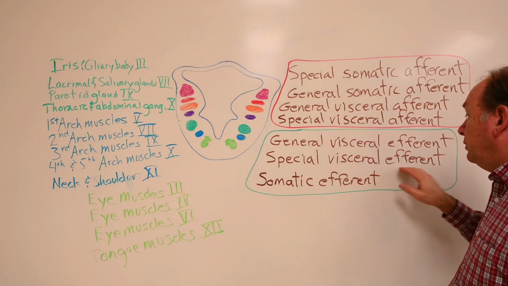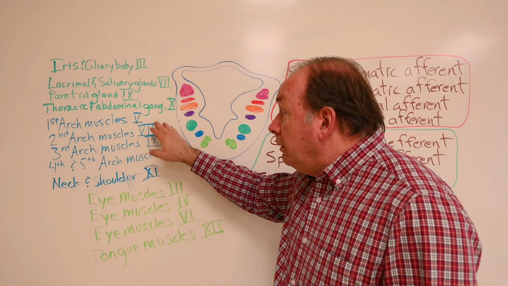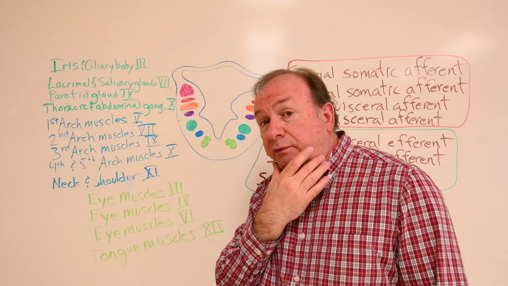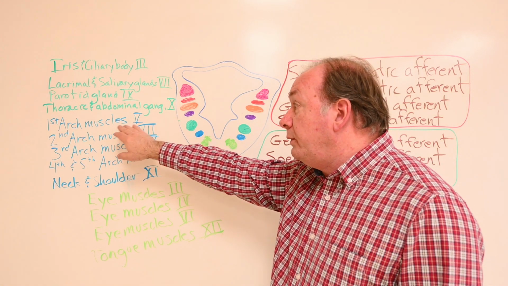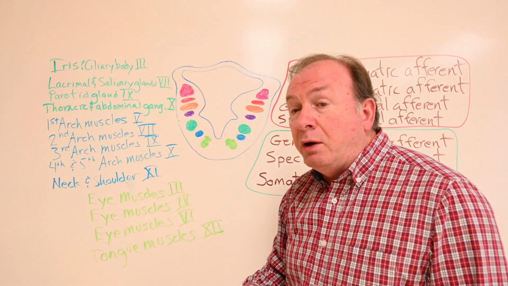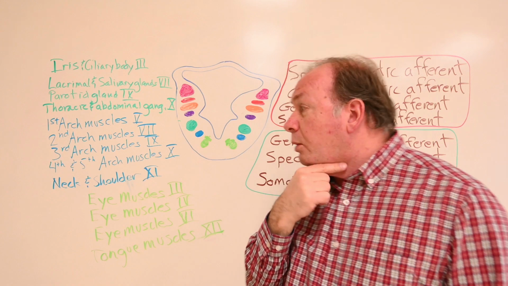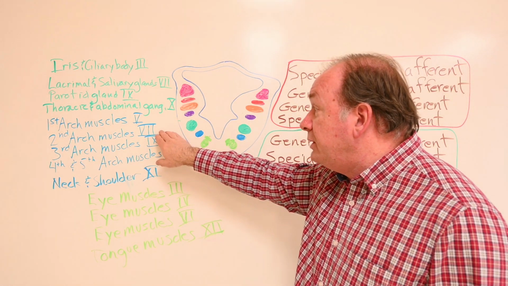Next, special visceral efferent. Most of these are muscles associated with the mouth and pharynx. The chewing muscles associated with arch number 1, the first arch, coordinated by nerve number 5. Second arch muscles going mainly to the hyoid region, through nerve number 7.